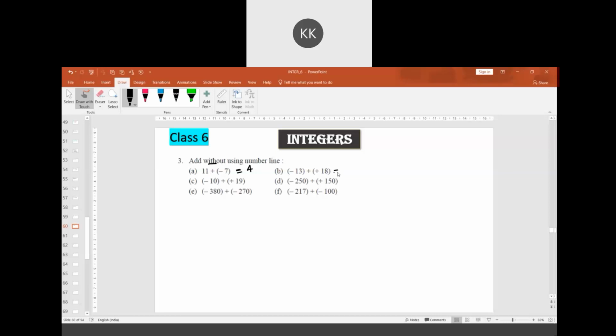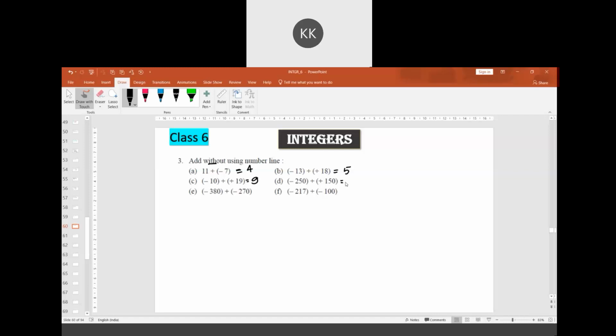For the second one, minus 13 added to positive 18. The result is positive 5. For minus 10 added to positive 19, the result is positive 9.